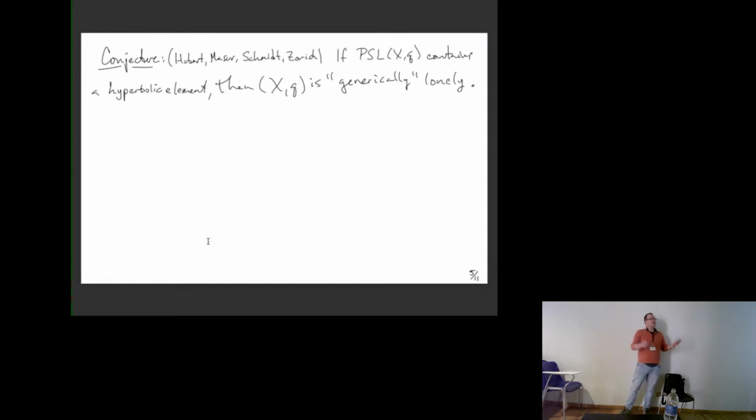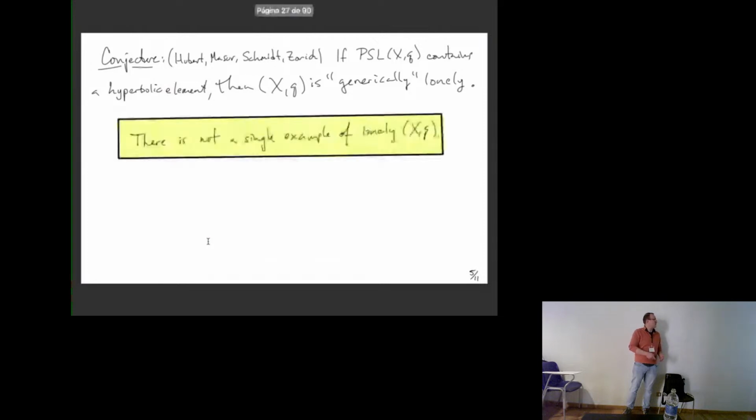Basically, if you take a generic pseudo-Anosov homeomorphism, it's in some Veech group, and the conjecture is that generically for a pseudo-Anosov, it virtually generates the Veech group, or it virtually generates the affine group. Okay, so there's not a single example.